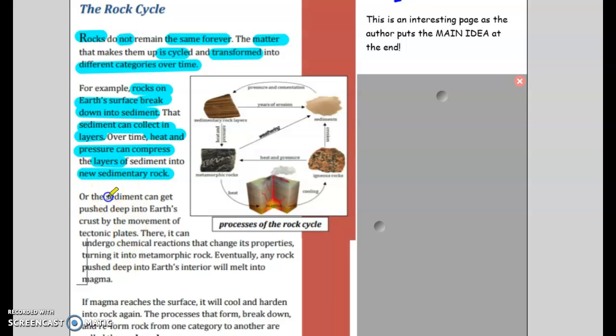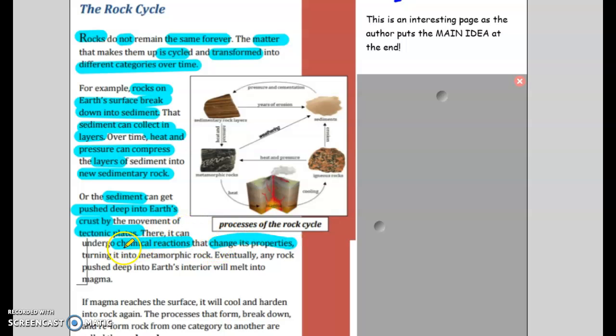Let's see. Sediment pushed deep into Earth's crust by tectonic plates. It can undergo chemical reactions that change its properties.